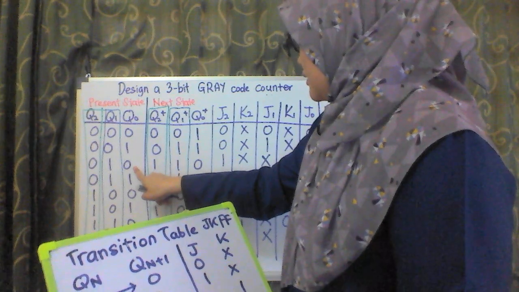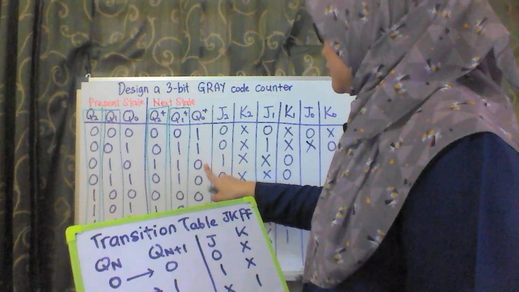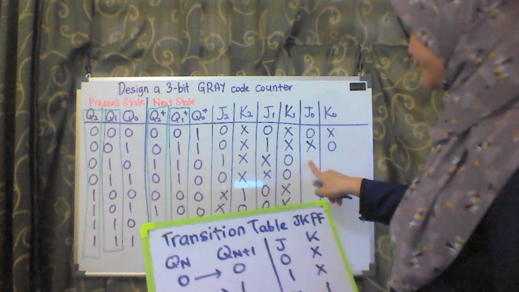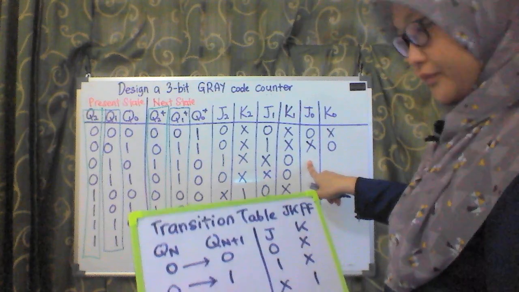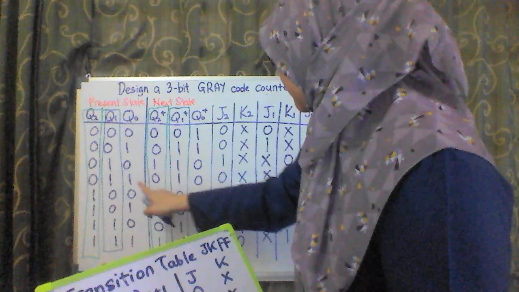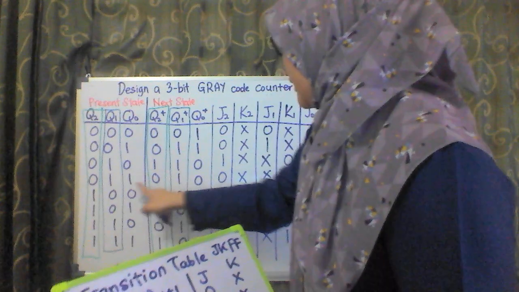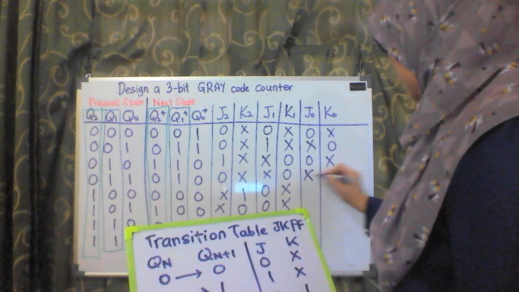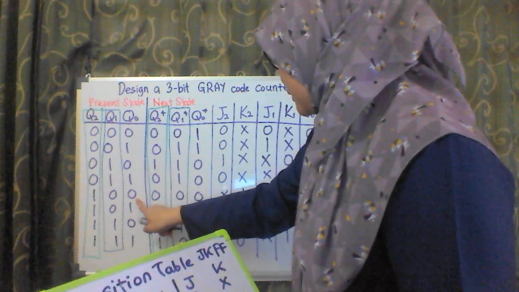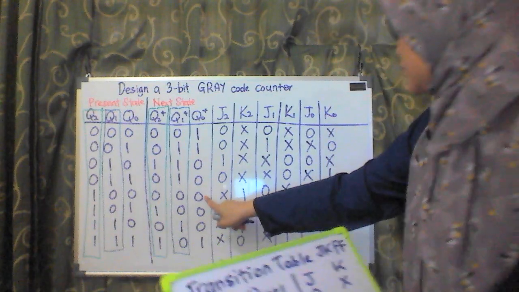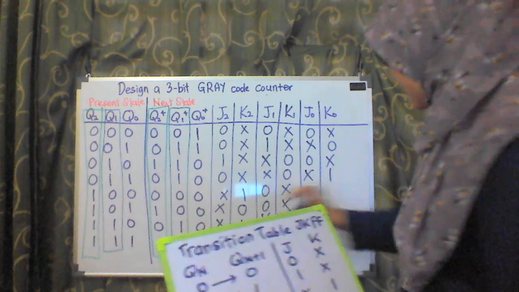And then next is 0 to 0, 0 and X. 1 and 0, X and 1. So this line, 0 to 0, should be 0 and X.